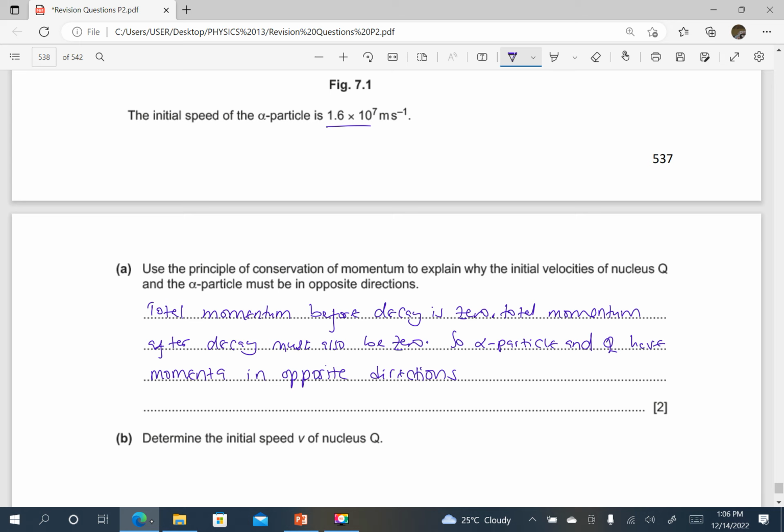And therefore velocities are in opposite directions. We cannot look at the mass to be the one dictating the direction of momenta. It is the velocities. And therefore velocities are in opposite directions.